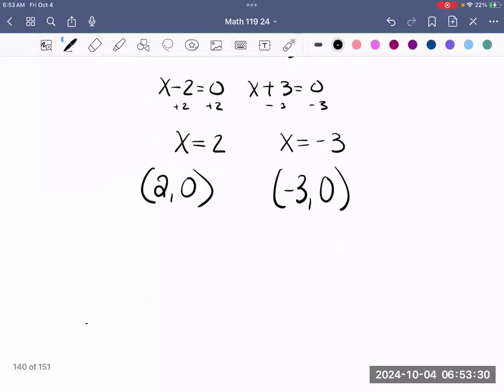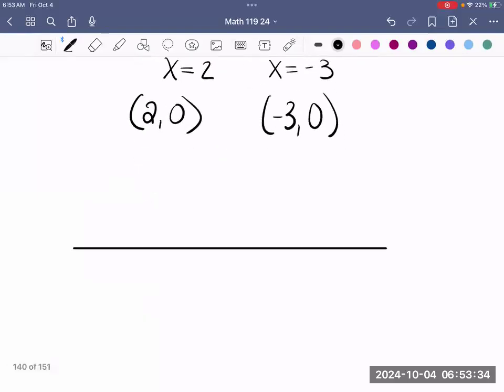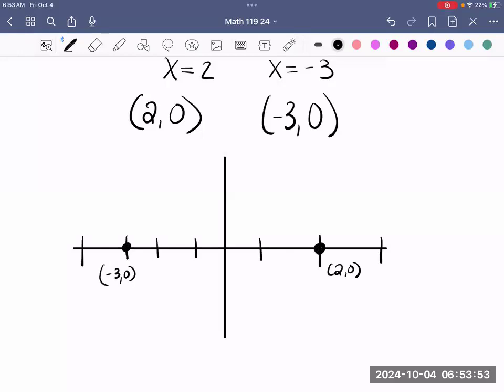So if we were going to graph it, let's say this is your y-axis. We have 1, 2, 3. So this is where your x-intercept would lie, (2, 0). 1, 2, 3, 4. And this is where another zero would be on your graph.